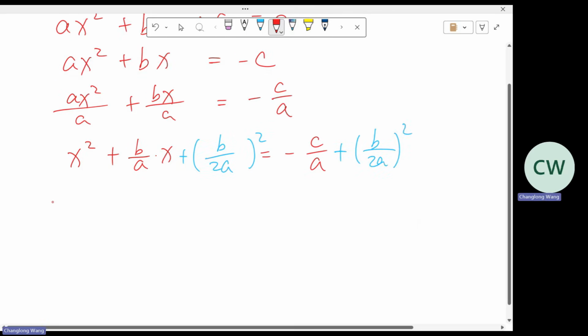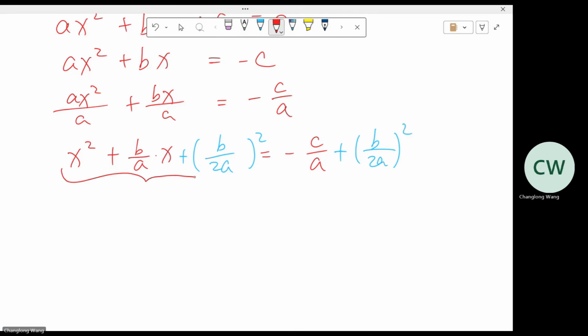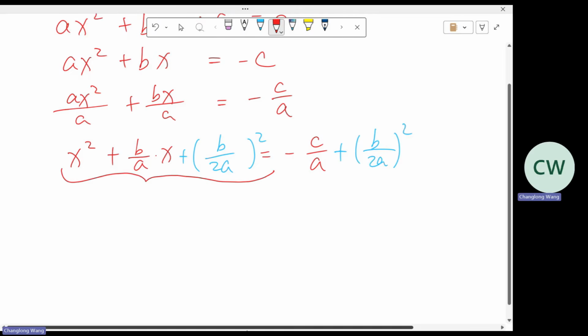All right. So now, who can tell me how the trinomial on the left-hand side factors?